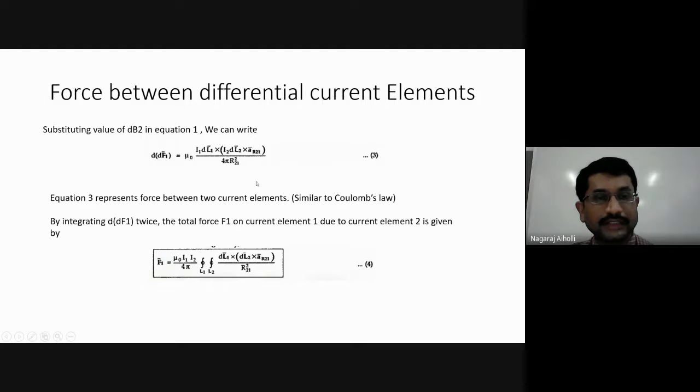I am integrating equation 3 two times with respect to L1 and L2, because the variables are dL1 and dL2. Take it as equation 4.